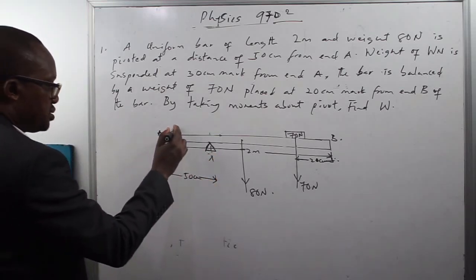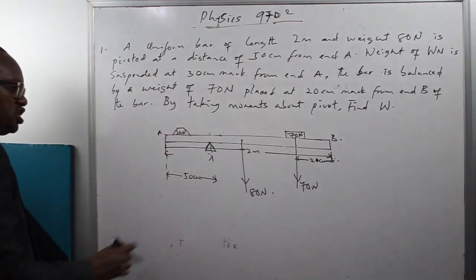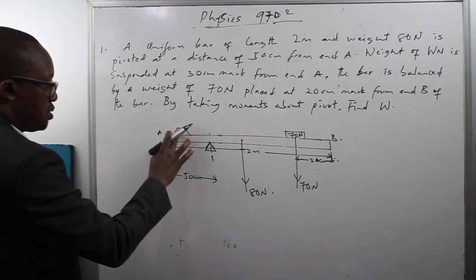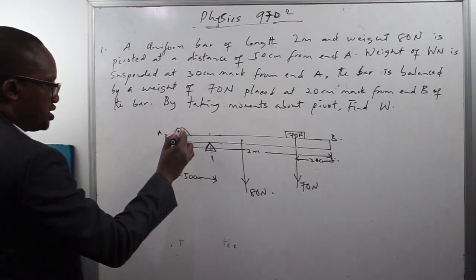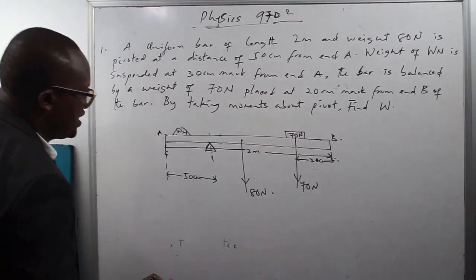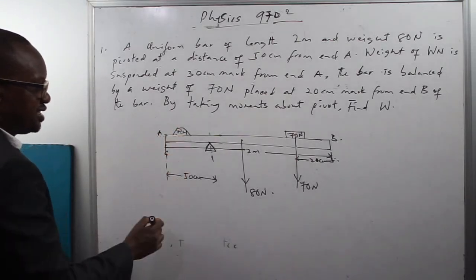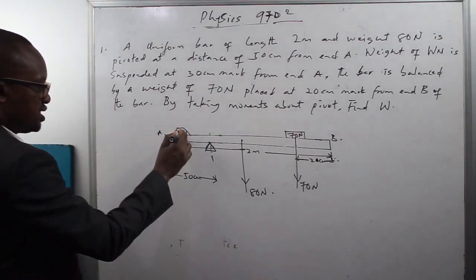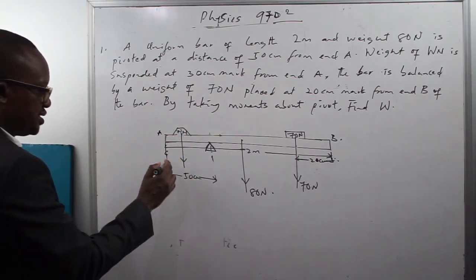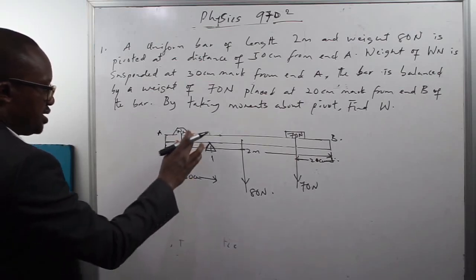And the weight of W newtons is suspended 30 centimeters from NA. Remember what I've said. Weight is a vector quantity. So that means this weight acts vertically downwards. And it is placed at a distance of 30 centimeters from NA.